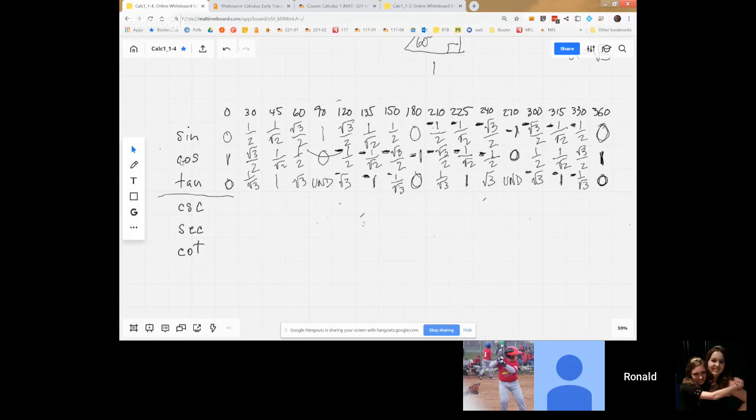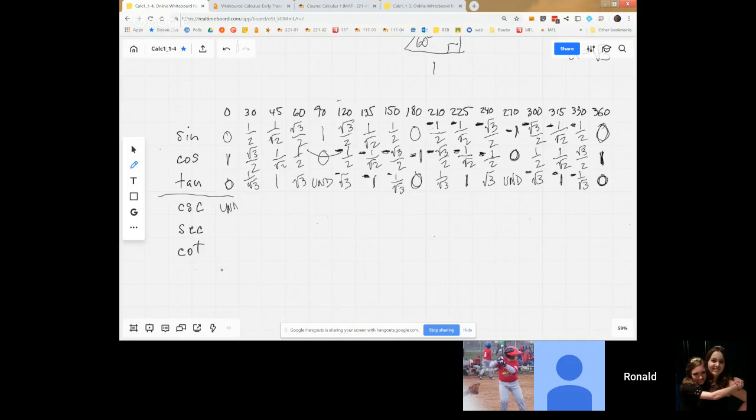The reciprocal of the cosine is the secant. And the reciprocal of the tangent is the cotangent. So I've positioned these in order so that we should be able to now just go up to our chart and do reciprocals, where we can. Of course, you can't take the reciprocal of 0.